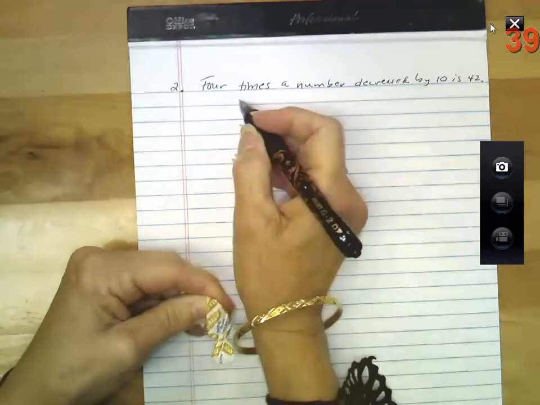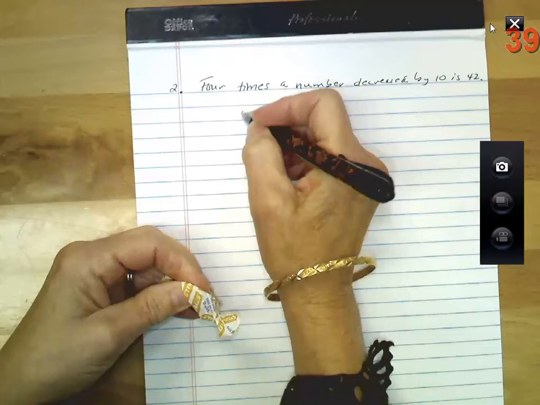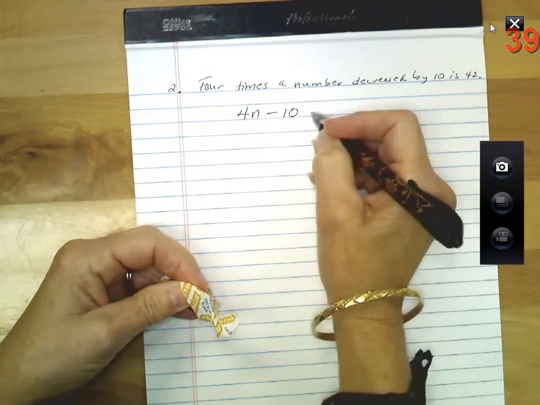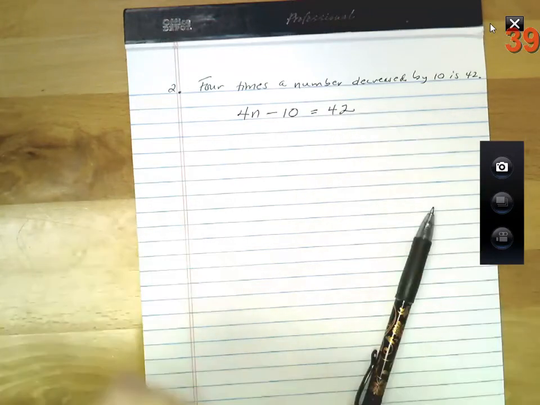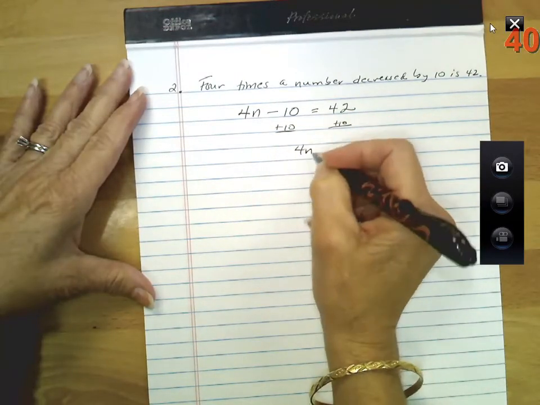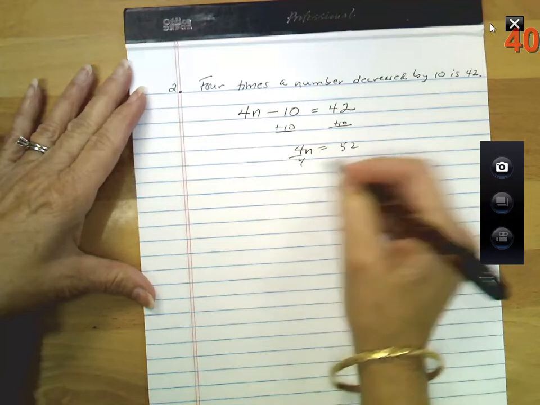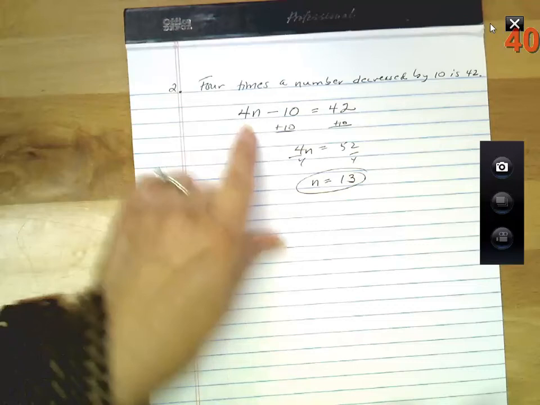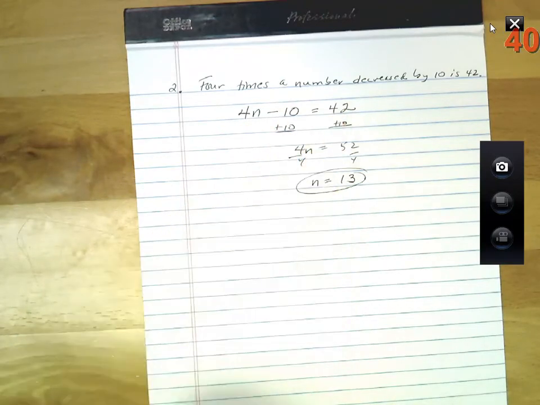Would be n minus 10 equals 42, which would be 52 equals n. 4 times a number, 4n, decreased by 10 equals 42. Okay, so to solve that, that's an ax plus b equals c type, so that's 4n equals 52. Divide through by 4. Is that 13? So 4 times 13 minus 10 gives you 42.